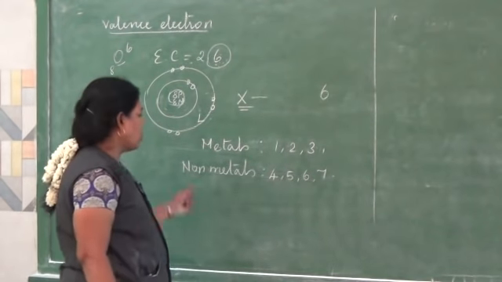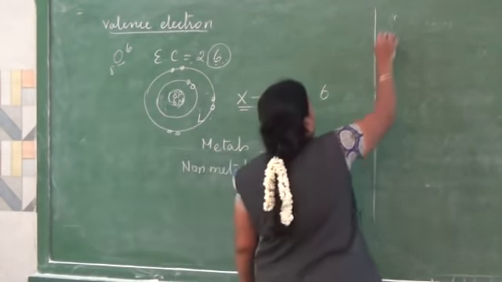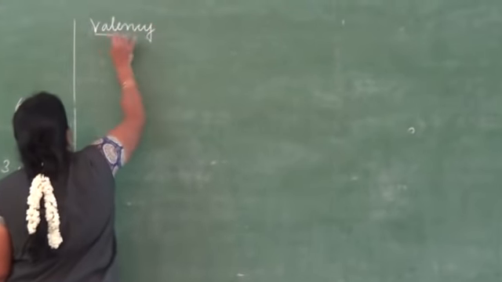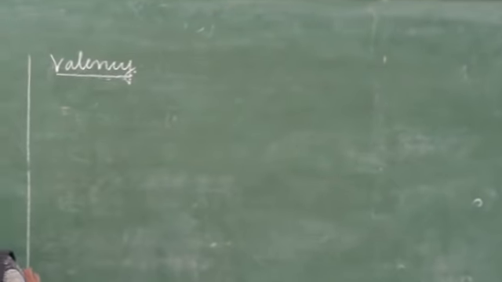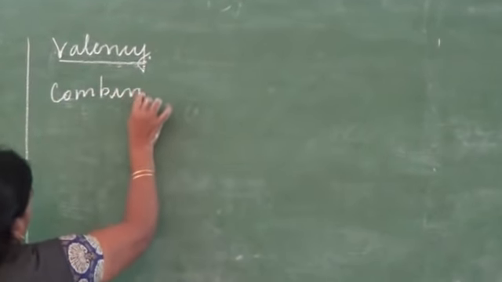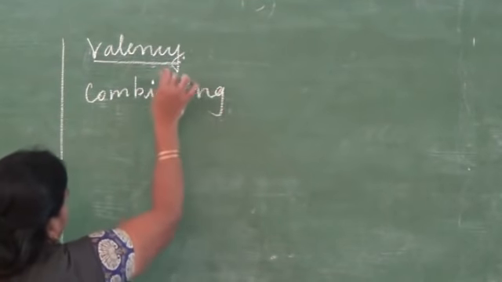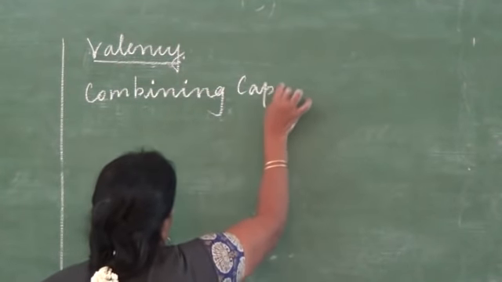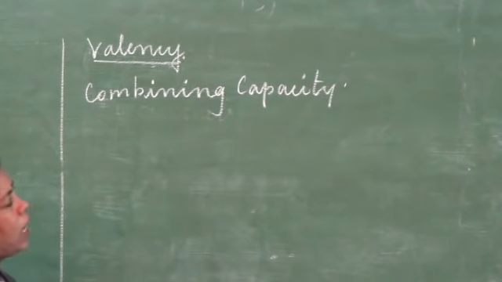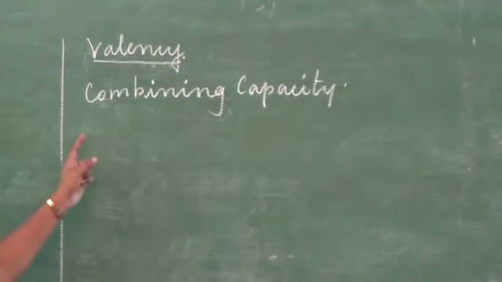Next we are going to see valency. Valency means combining capacity. How many hydrogen atoms can be combined with a particular element is also decided by valency.